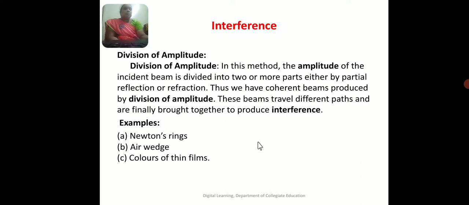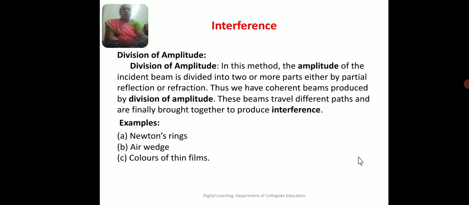If we consider a thin film, what happens on the surface when a light ray falls on it? The amplitude of the incident light ray gets divided into two parts. Half of the amplitude is reflected, half of the amplitude is transmitted.